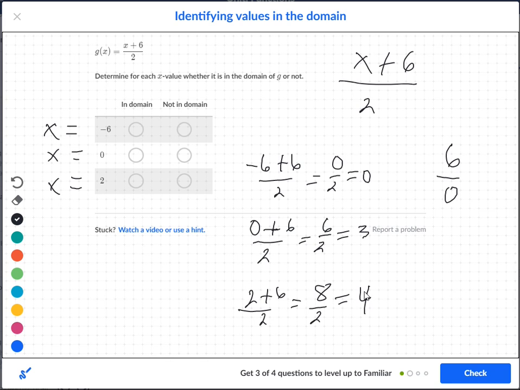So nothing gave me a 0 denominator. This is what you have to be on the lookout for with a fraction, and this is what you want to stay away from. So again, all these numbers will work. In the domain is what works, not in the domain is what does not work.